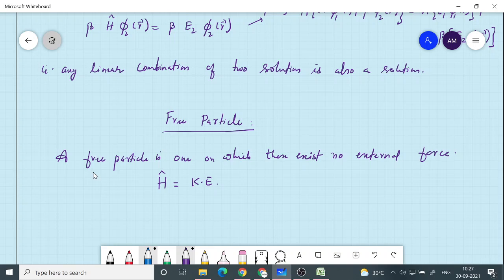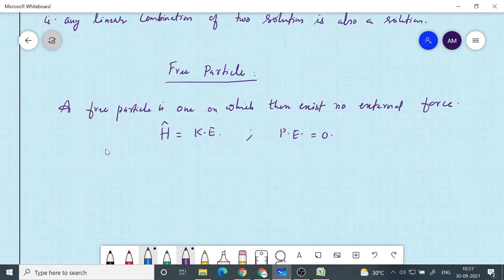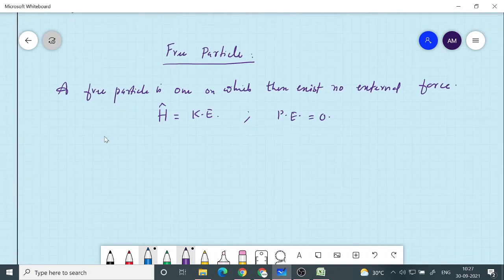Potential energy is zero. So the Hamiltonian is fully due to the kinetic energy, and therefore our eigenvalue problem becomes very simplified.